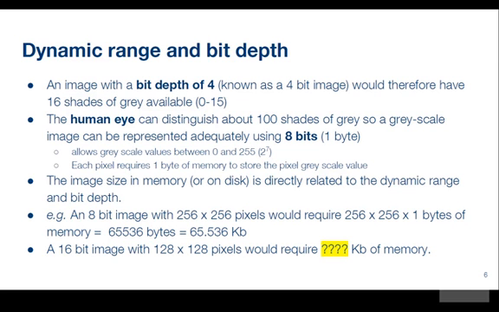If we go through it, we can work out the size of an 8-bit image. If we have 256 by 256 pixels, it's going to require 256 by 256 by 1 byte of memory, which comes to 65,536 bytes, or 65 kilobytes. So a 256 by 256 image using 8 bits per pixel is going to require that amount of memory.